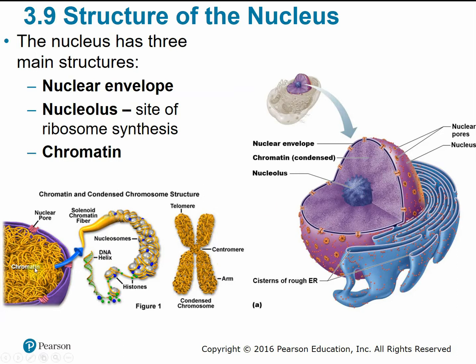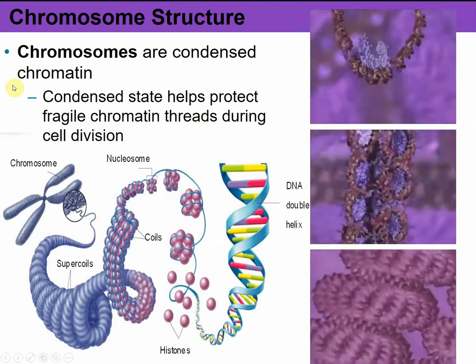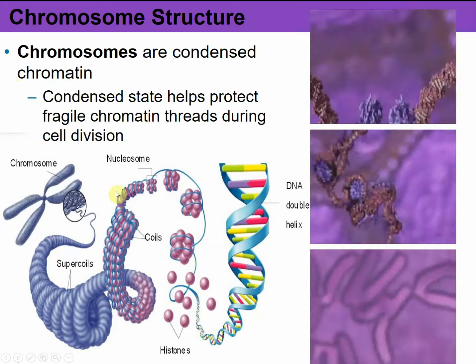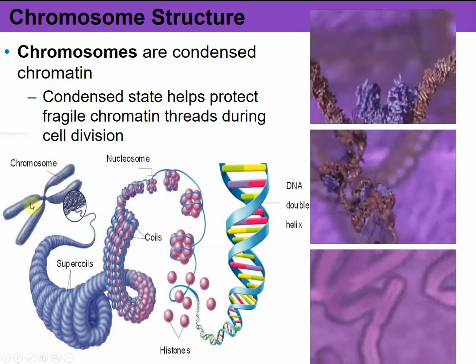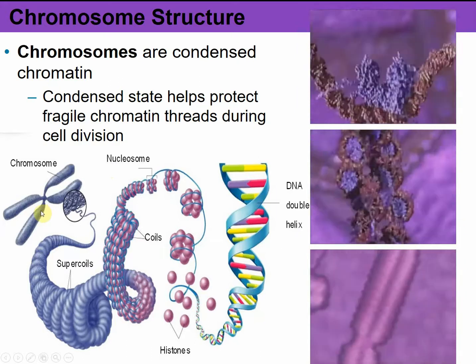It's only before the cell prepares to divide and make a copy of itself that it packages the DNA into these tight little X-shaped chromosomes, just to make sure we don't leave anything behind. So chromosomes are just condensed chromatin. So again, this condensed state just helps to protect the threads during cell division.